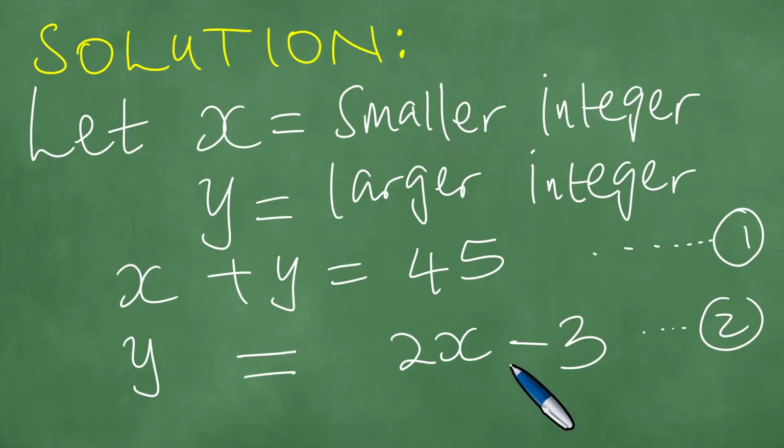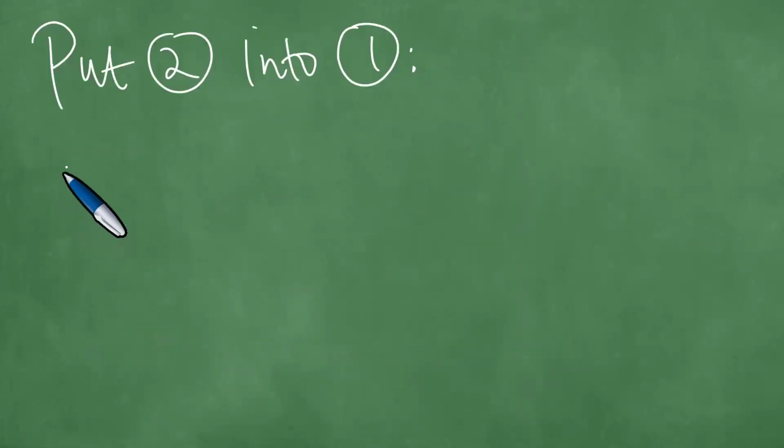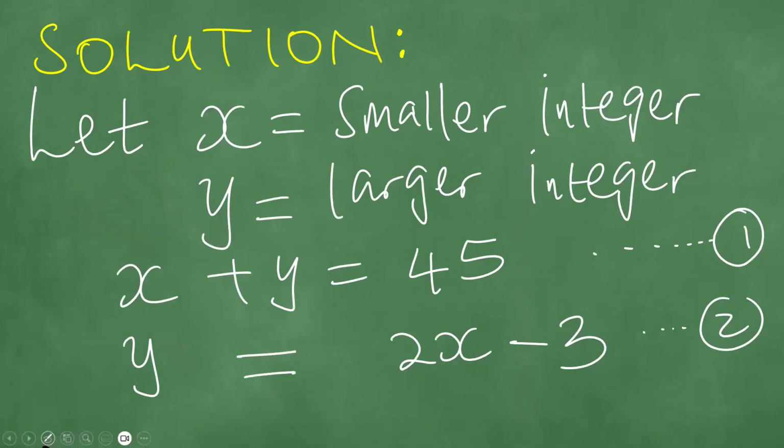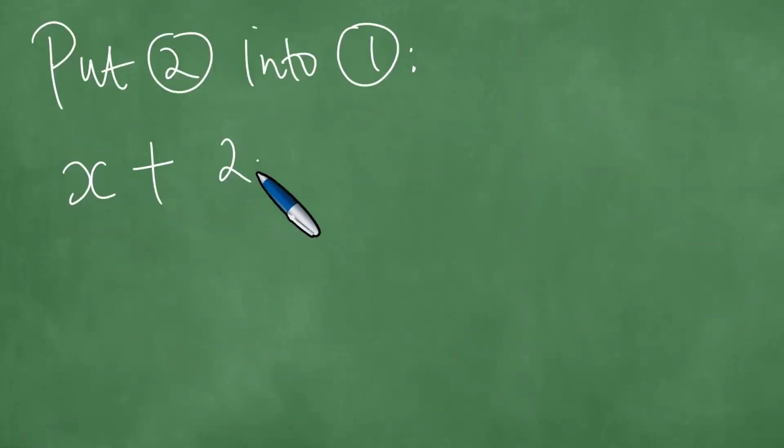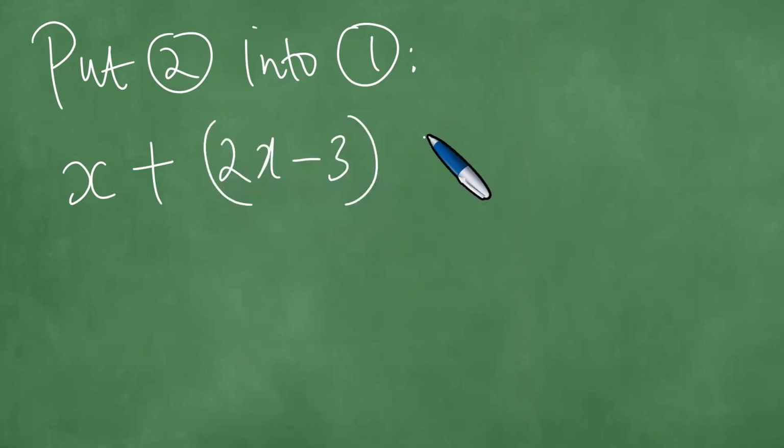Right, so 2 is this one, and you're putting it into 1, so that in the place of y, you put 2x minus 3. So this is going to be x plus the y, which is actually 2x minus 3, which is equal to 45.